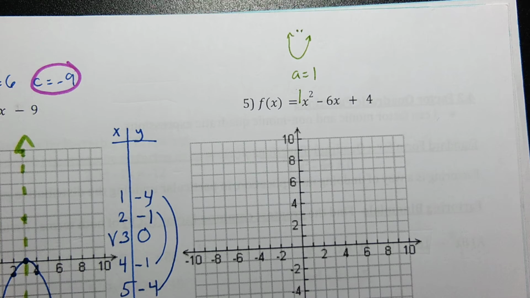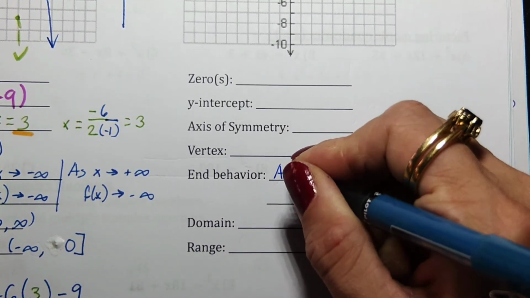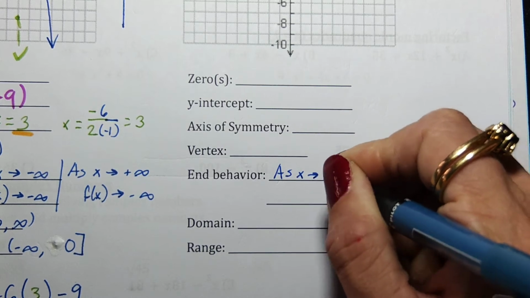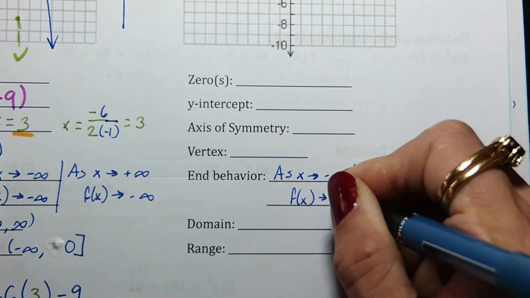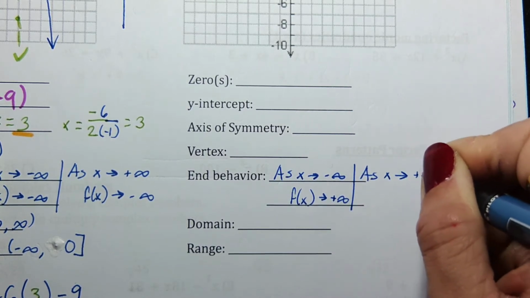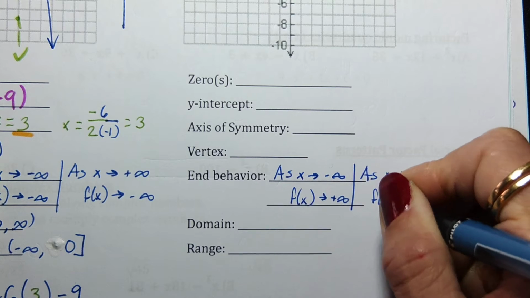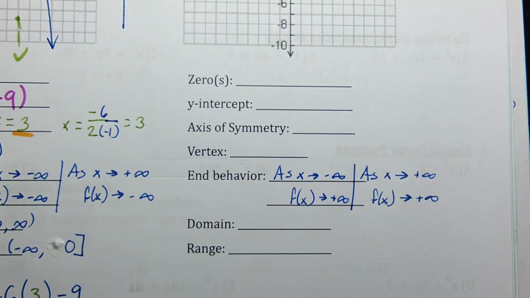If I'm thinking of the end behavior, I can write it down here. As x goes towards negative infinity, f of x goes towards positive infinity. And as x goes towards positive infinity, f of x goes towards positive infinity. It's going up and up on both sides.